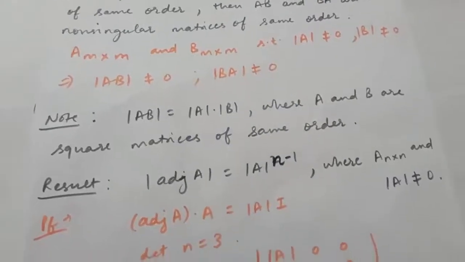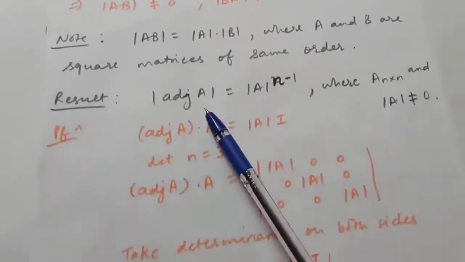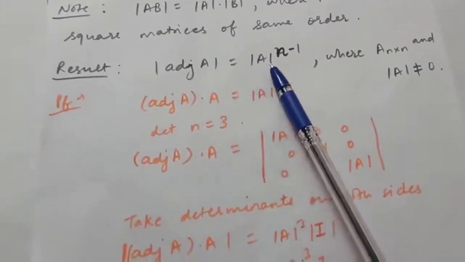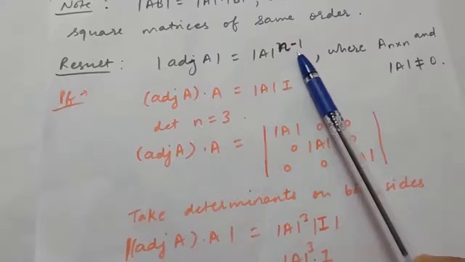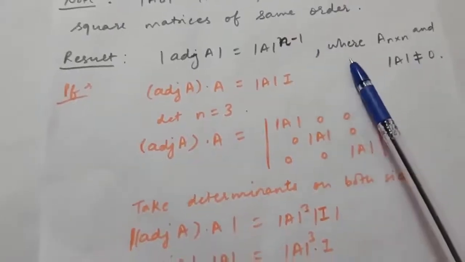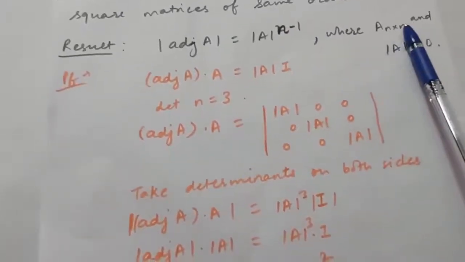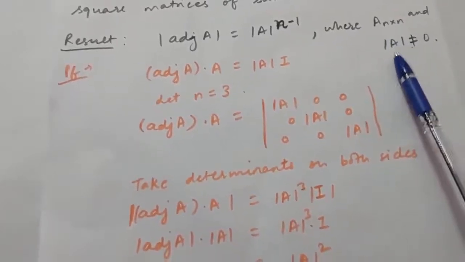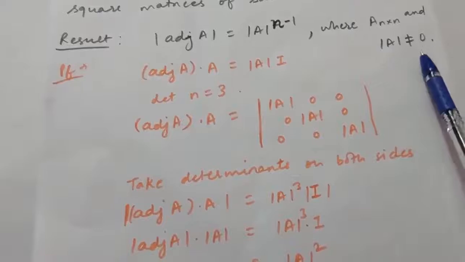Right? Now there comes a result that determinant of adjoint A is equal to determinant of A raised to the power n minus 1, where A is a square matrix of order n and also non-singular, that is determinant of A is not equal to 0.